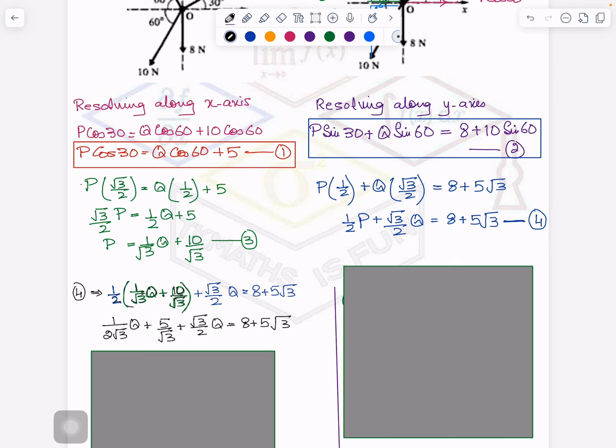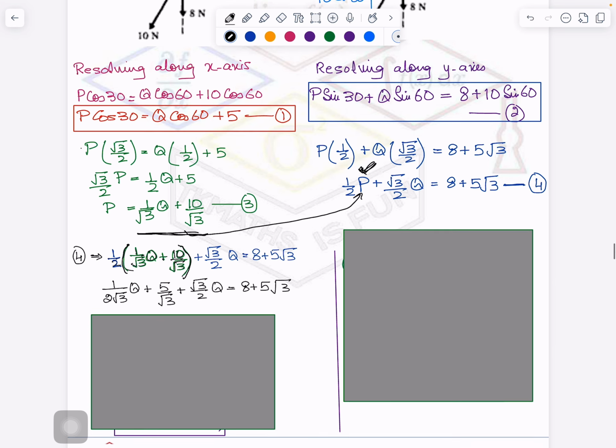So I have used different colors to show very clearly that this value of P I am substituting here, and that's why I put it in the bracket here. So I'm repeating, this value of P is being substituted here. After that, you have to be careful if it is exact form. Otherwise, in the calculator, you can substitute all the answers and get the Q value immediately. But I have shown all the steps to show, if it is an exact form question, how you will carry it.